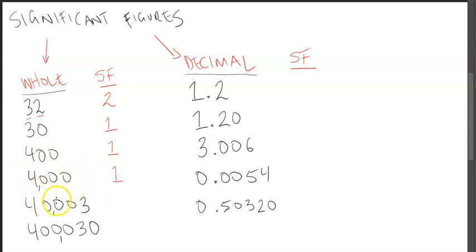But this changes as soon as there is a non-zero number at the end of this digit. So in this case here, every single one of these numbers holds significance, so there are 5 significant numbers. But if that 3 was a 0, just like this one and this one, there would only be one significant number.